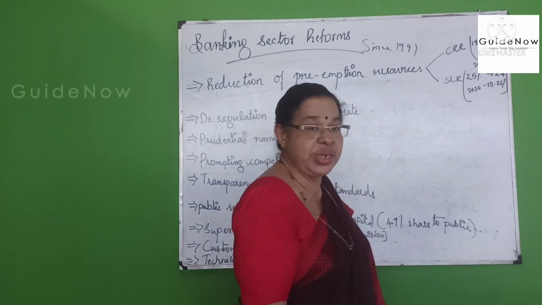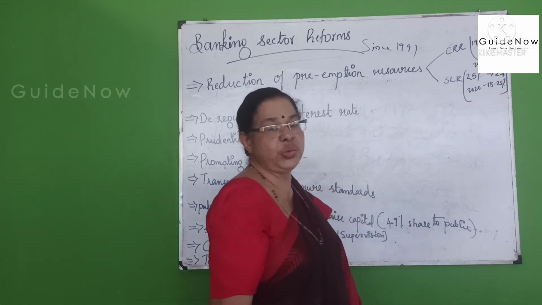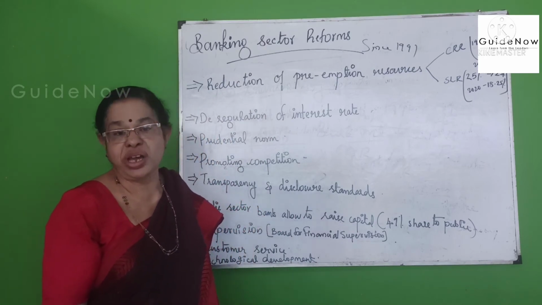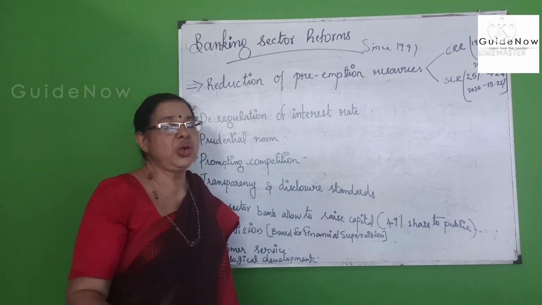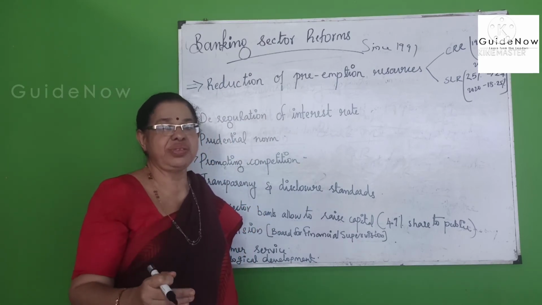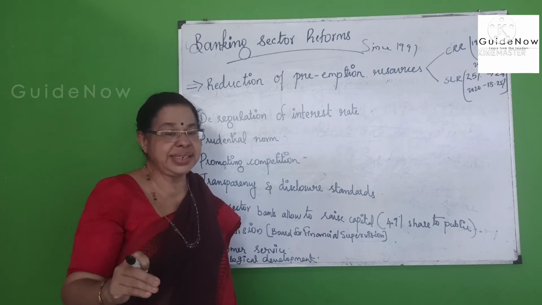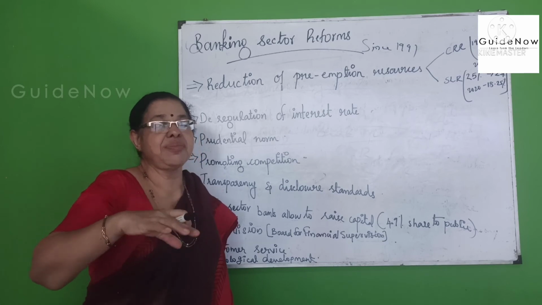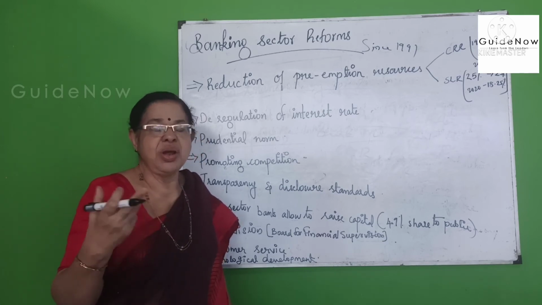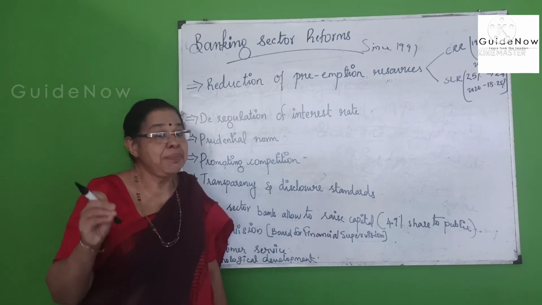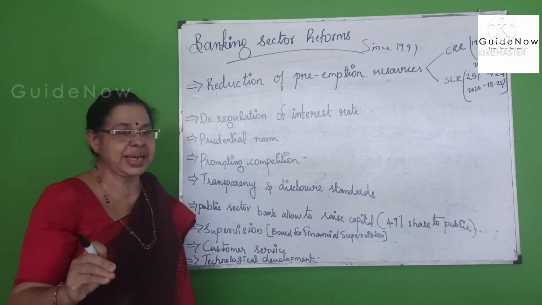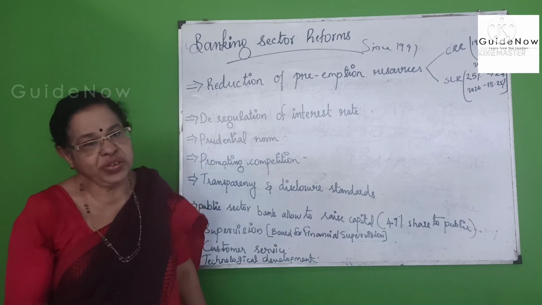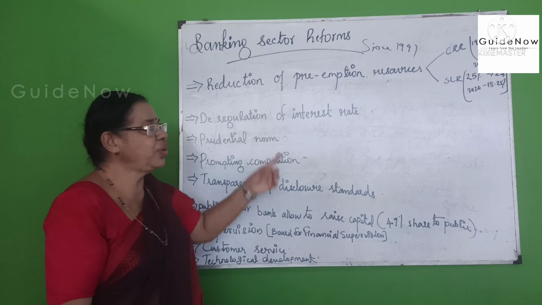In 2020 it was further reduced to 18.25%. From this we conclude that there is a reduction of the CRR and SLR, an avoidance of the regulatory system, or deregulation, which automatically increases the business or transactions of the bank and increases profitability. That's the first important point.